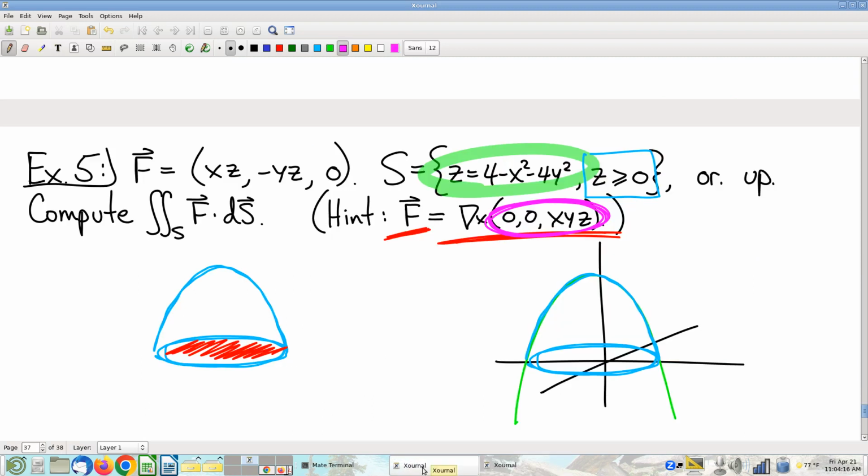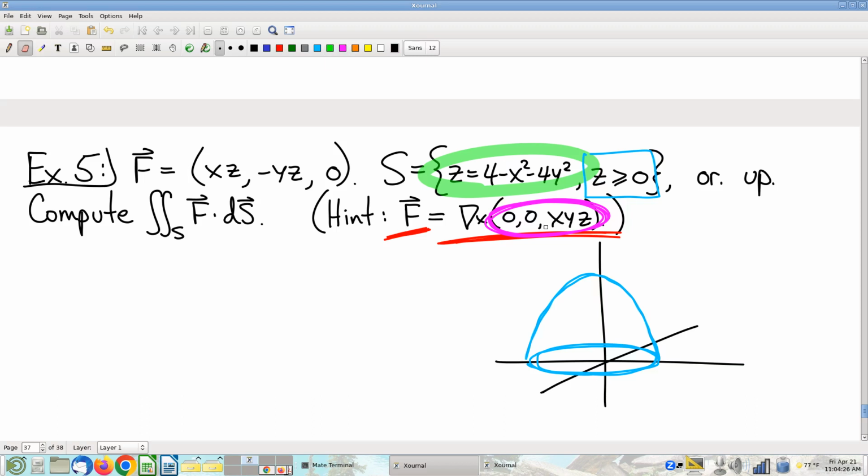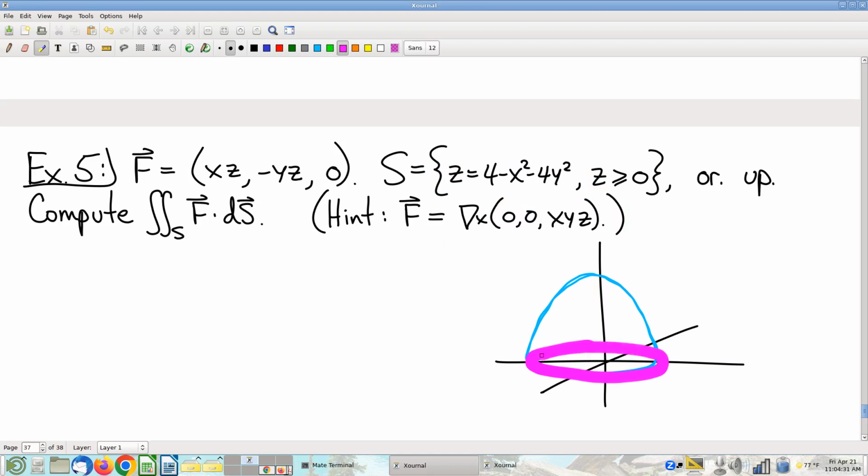So what that allows me to do here is I can look at this and say, you know what? The boundary, let me just delete all this. The boundary of my surface is this curve, and I don't like this surface that I was given. So what other surface might I like better? All I got to do is pick any surface I want that has this same boundary curve. I like this nice flat surface right there. Right? Wishful thinking, that's valid.